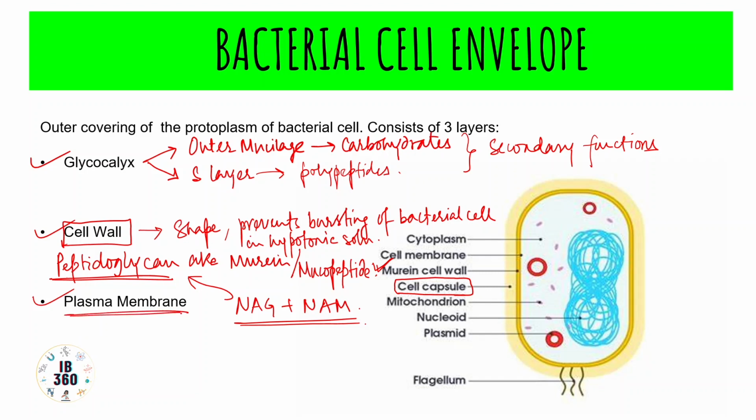Then we come to the plasma membrane. Now the plasma membrane is selectively permeable, and it is like any other cell's component. The bacterial plasma membrane has a similar structure to any typical membrane. It is a phospholipid bilayer with proteins of various types, including intrinsic, extrinsic, integral, or transmembrane proteins. And it also holds receptor molecules for detection of and responding to different chemicals of the surroundings.